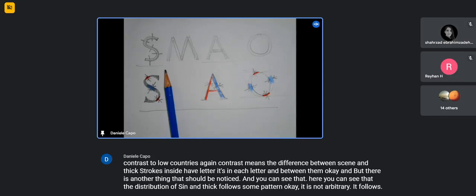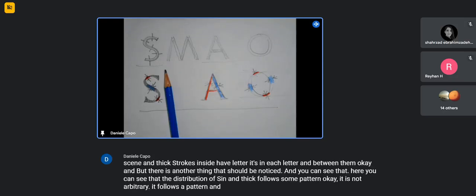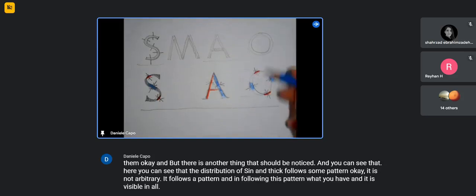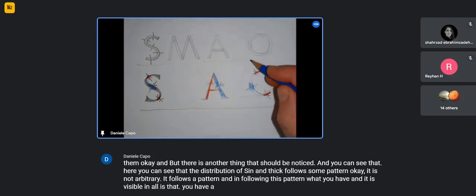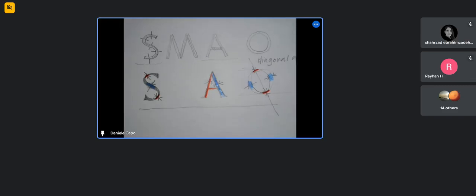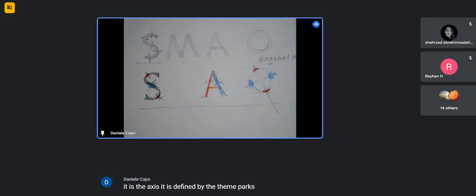It follows a pattern. And in following this pattern, what you have, and it is visible in O, is that you have a diagonal axis. It is the axis that is defined by the thin parts, okay?